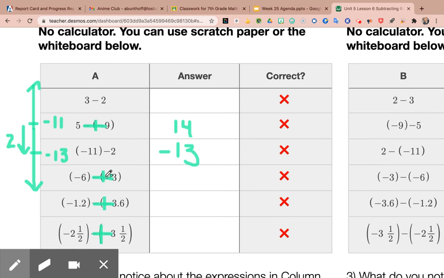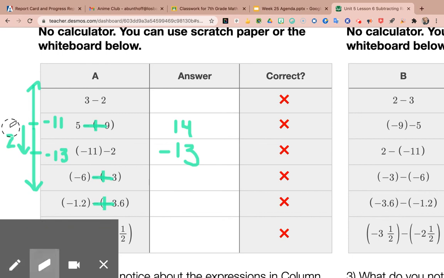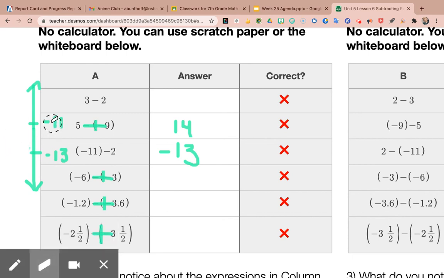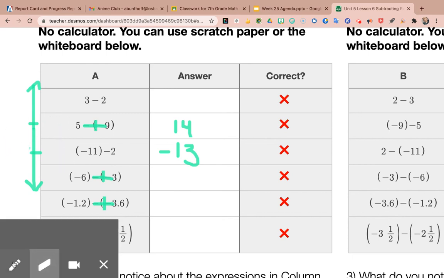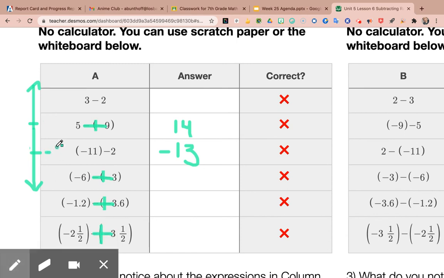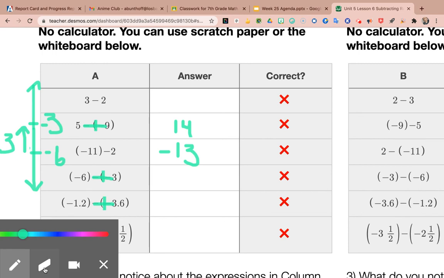The next one, negative 6 plus 3, so if I'm at negative 6 and I go up, because it says plus 3, if I go up 3, I'm still going to be in the negatives, but I'm going to be 3 closer. So 6 take away 3 is 3, but I'm still in the negatives because I didn't quite make it out of the negatives. So this one would be negative 3.